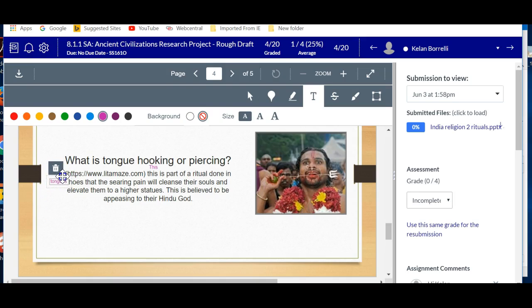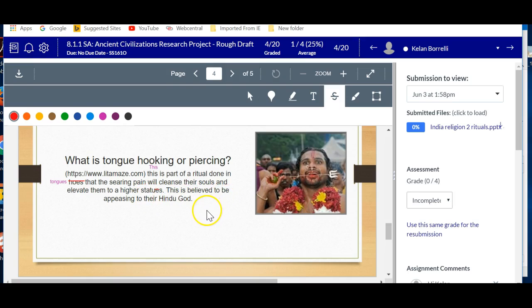Let's move it up just a little bit, and I'm going to cross out this word because I think you meant to say tongues. There it goes. And then this word is going to be status, to a higher status, so you just want to take out the E. So it says status.